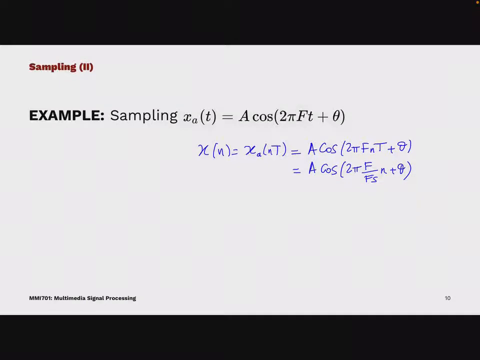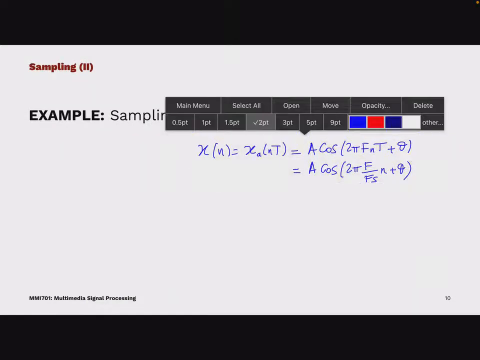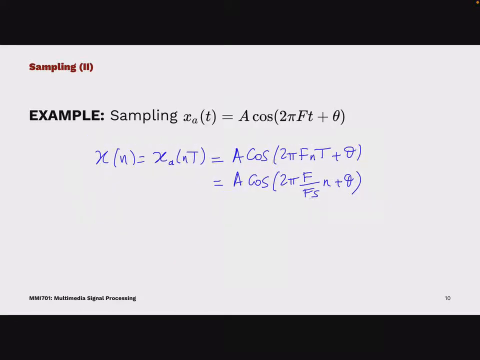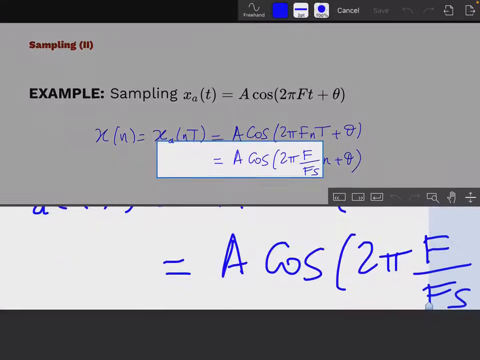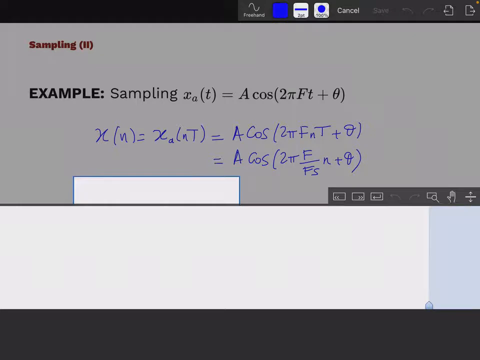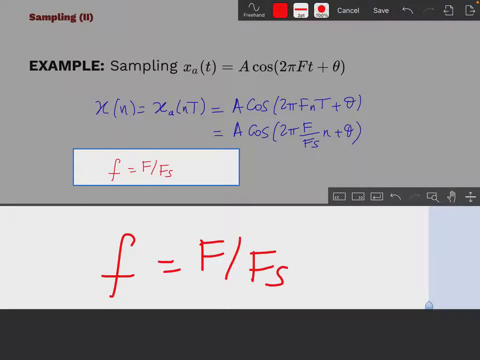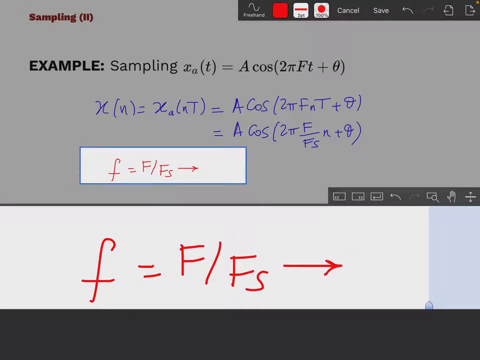Now, so this is our sampled signal, we will define lowercase f as F over fs, so the ratio of our frequency to our sampling frequency, and we're going to call that normalized frequency.